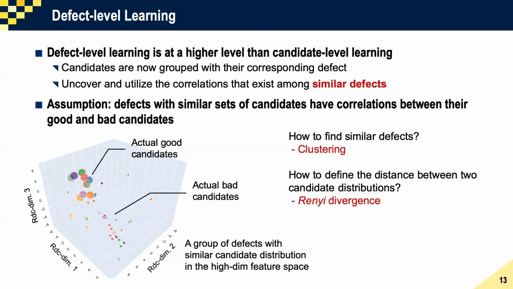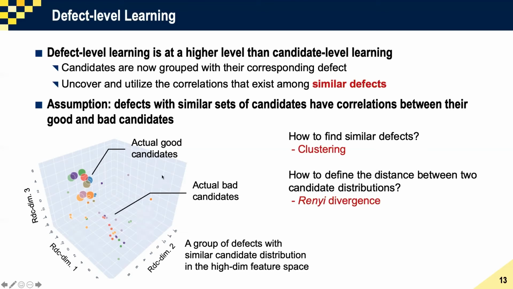The motivation is to uncover and utilize the correlations that exist among similar defects. Specifically, it is assumed that defects with similar sets of candidates have correlations between their good and bad candidates, which can be leveraged to improve diagnostic outcomes.